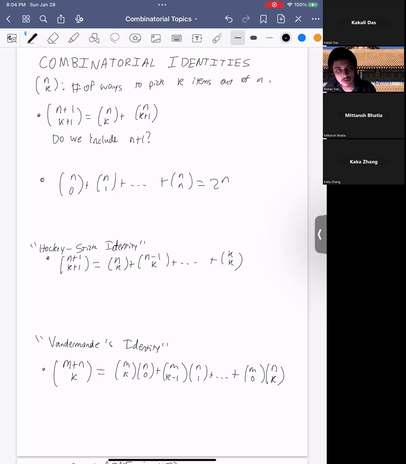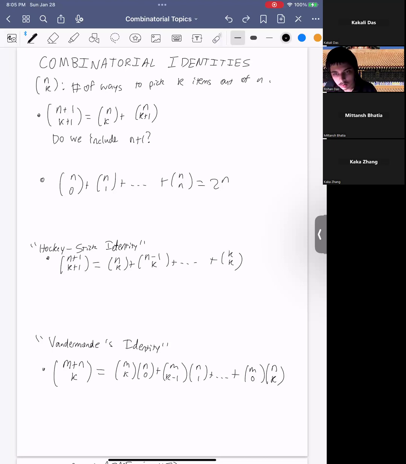If we do include n plus 1, then we will only be picking k out of the first n. So we have two cases which contribute these two terms. This is the type of thinking that will be used for all of these identities. You think about what one of the sides represents, and you see how that splits into the other side.